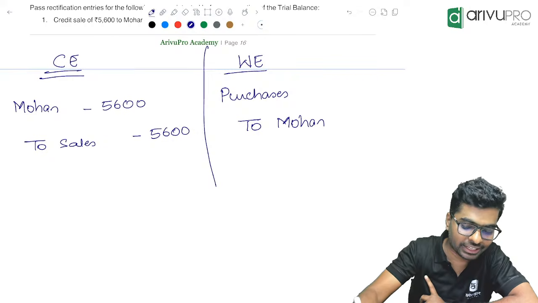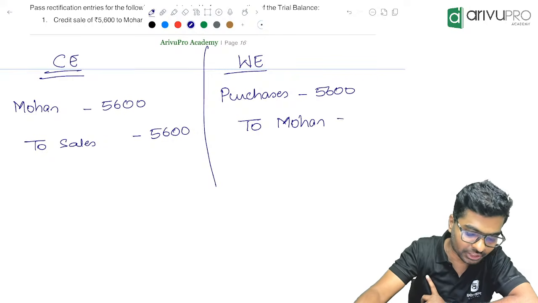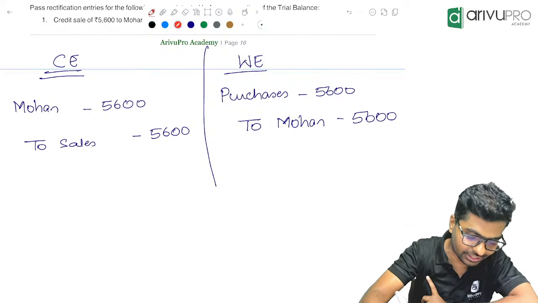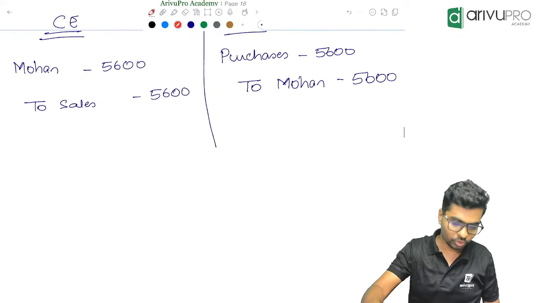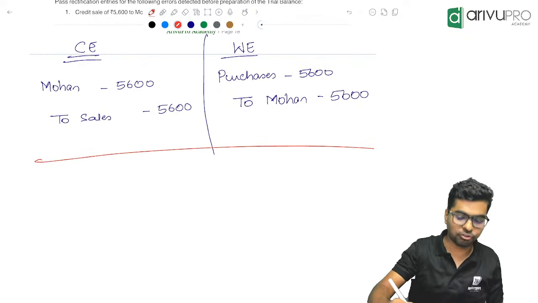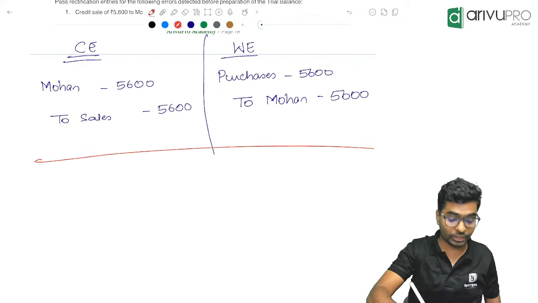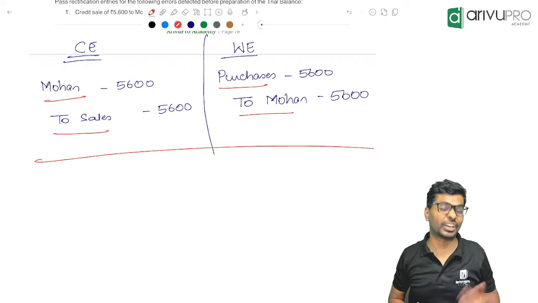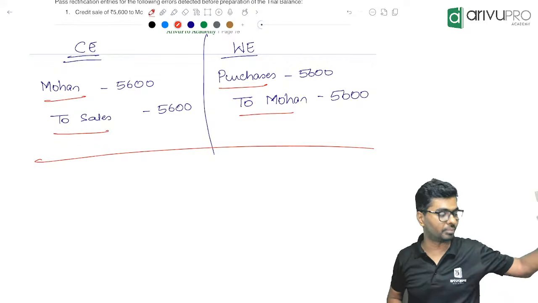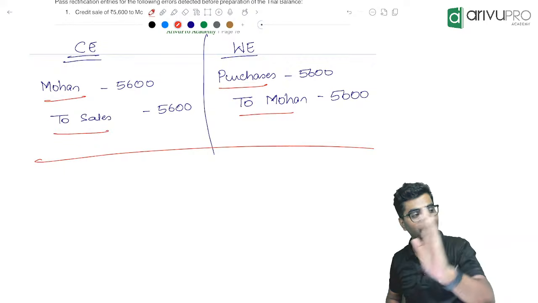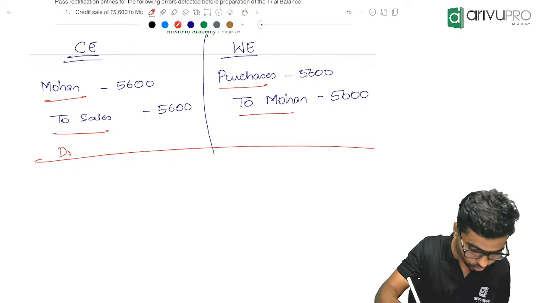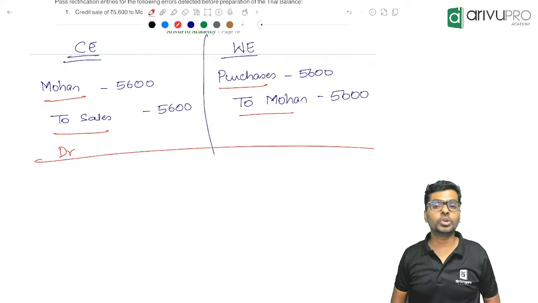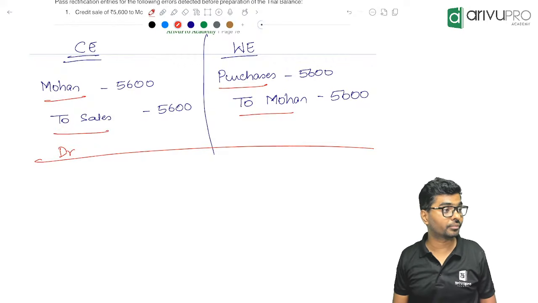The moment he said, I have entered it in the purchase book, that means you are passing a purchase entry. Are you clear? Now, I am going to independently correct the debit, and independently correct the credit. Now, let's look into the debit correction. Who's debited? But who should have been credited?